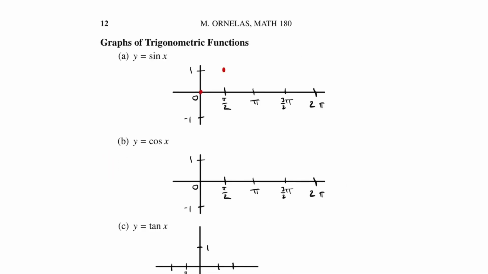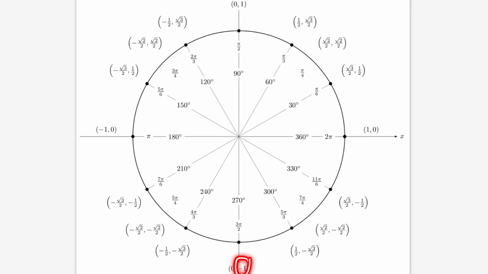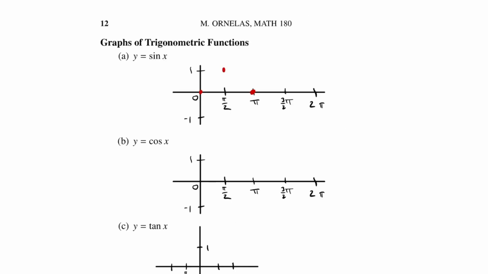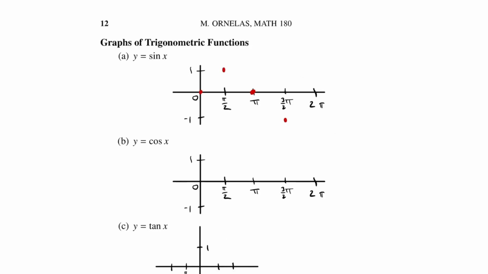The sine of 3/2 pi is -1. And lastly, the sine of 2 pi is 0. And so if you connect those points, you have one complete period of the sine wave.